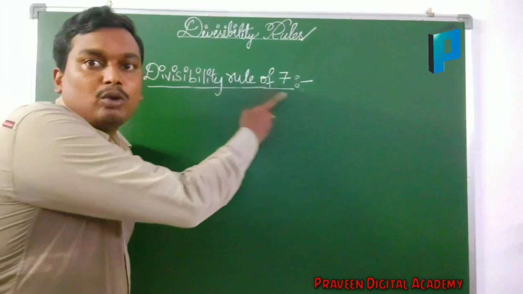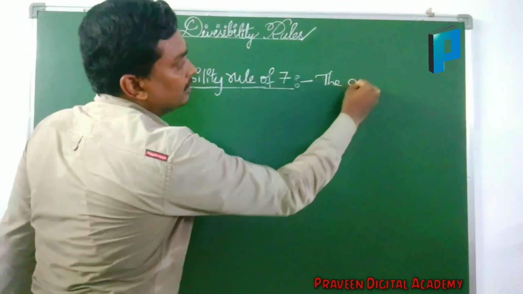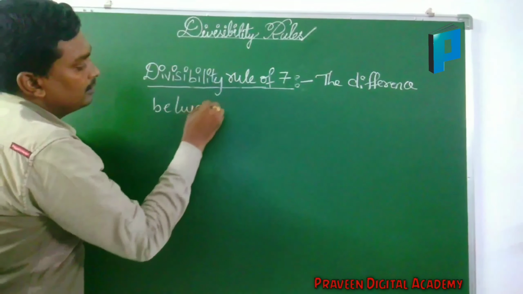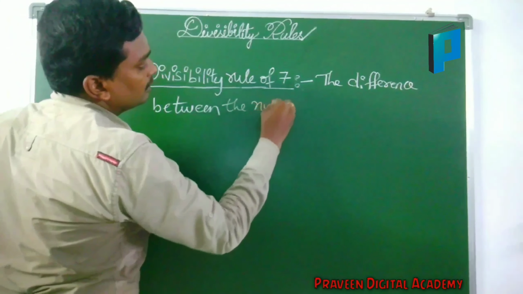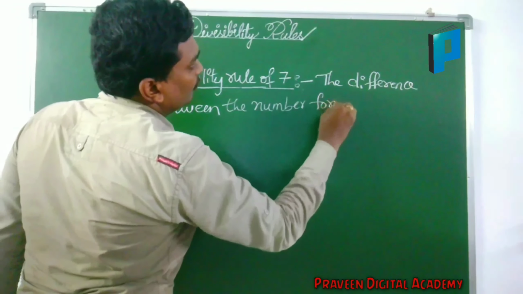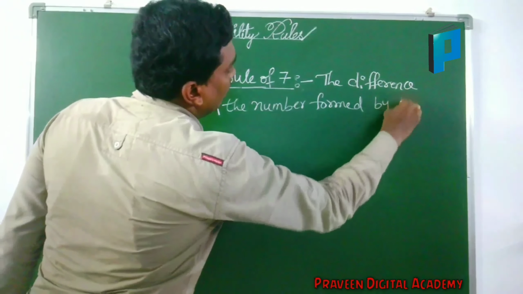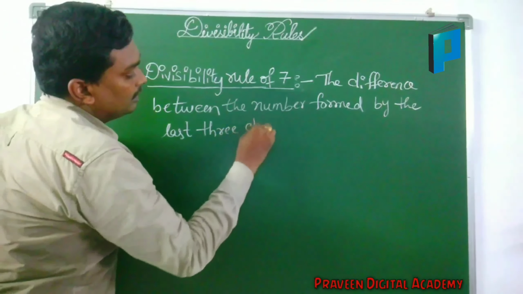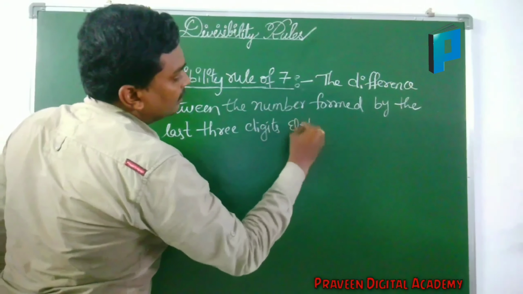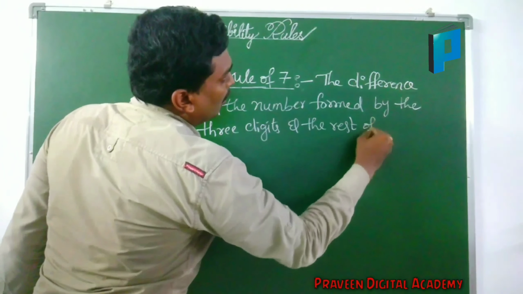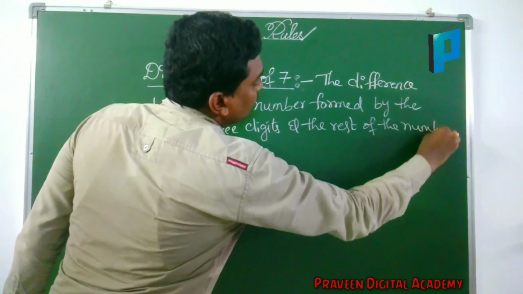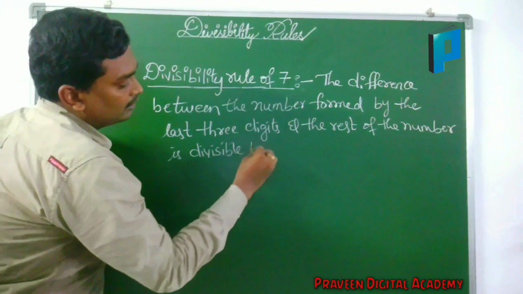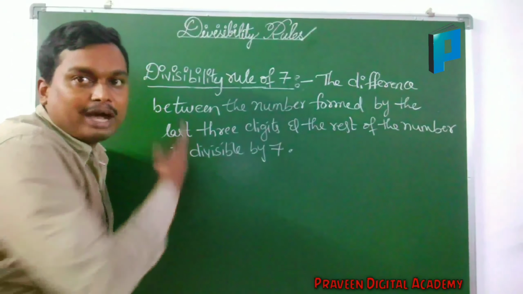Let us go for the divisibility rule of 7. The difference between the number formed by the last three digits and the rest of the number is divisible by 7, then the number is divisible by 7.